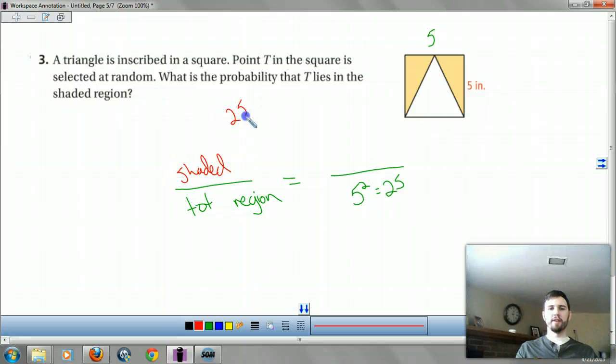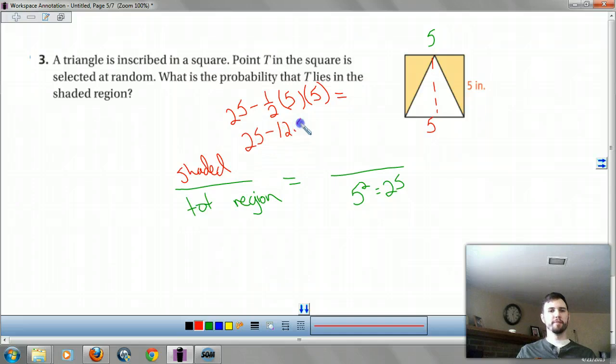So I'm going to go 25 minus my 1/2 base times height. So I get 25 minus 12.5, which is 12.5.